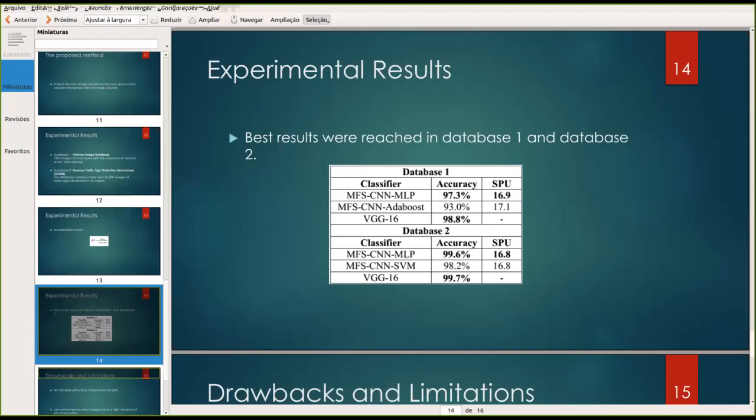For database 2, the weak classifier based on multilayer perceptron also reached the best result, with minimal loss of accuracy and a high speedup rate.